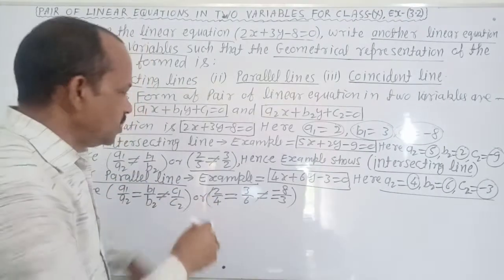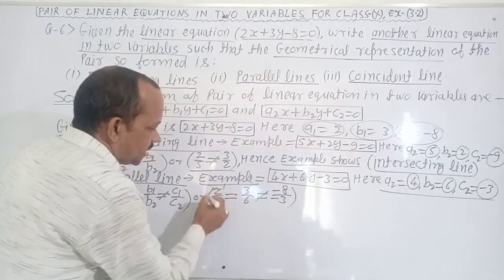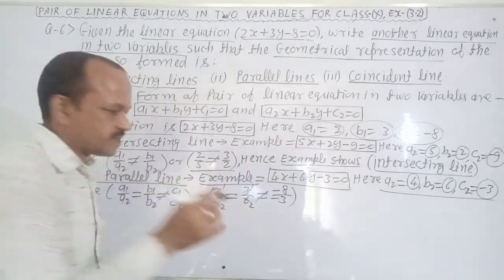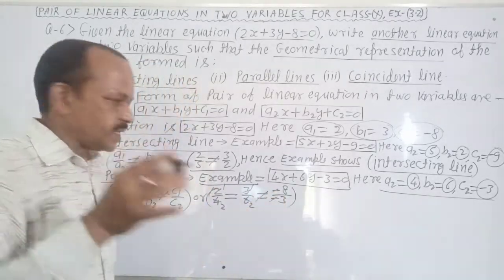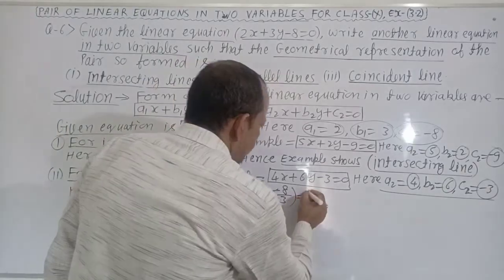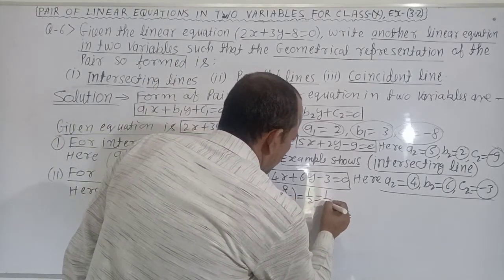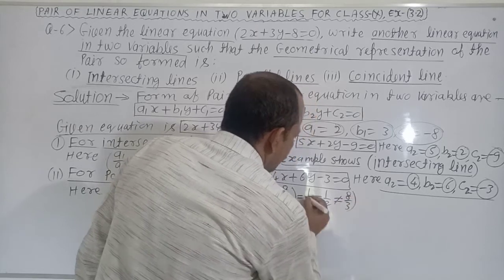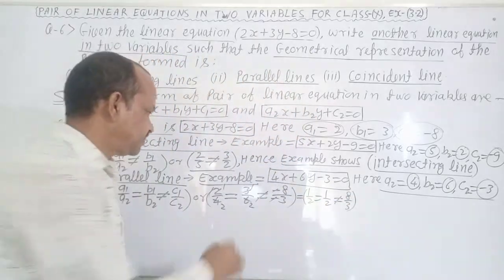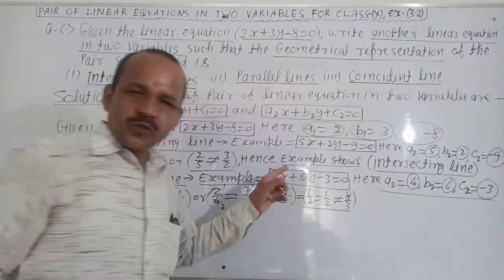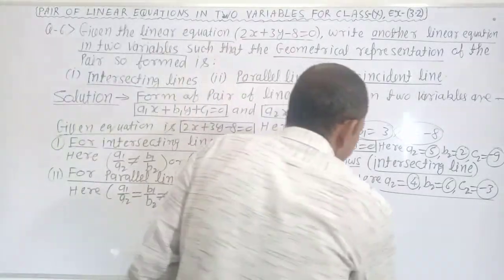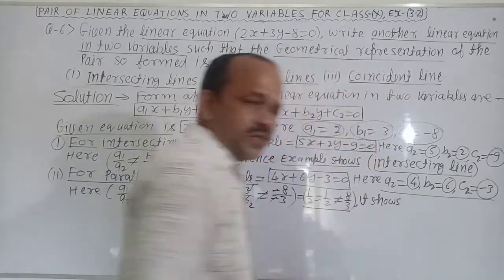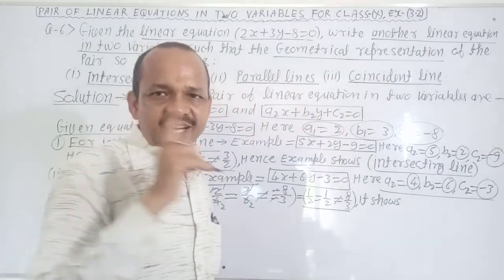Clear? Here you can cut: 2 1 ja 2, 2 2 ja 4, 3 1 ja 3, 3 2 ja 6, minus and minus. It becomes 1 by 2 equal to 1 by 2, not equal to 8 by 3. It shows parallel line. Clear?